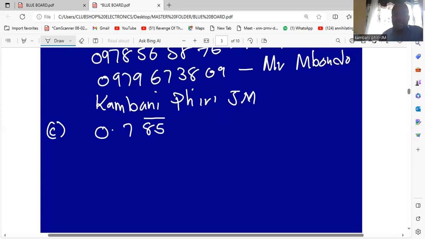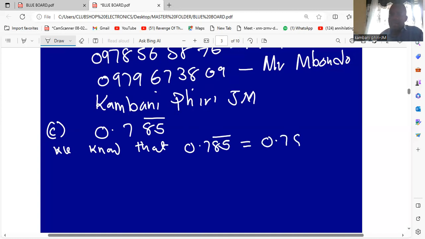So like what we've been saying, it is clear that 0.785 is the same as 0.78585 and 85, so on and so forth.